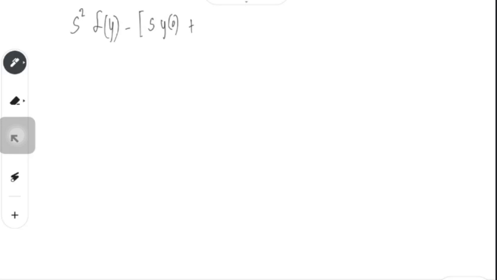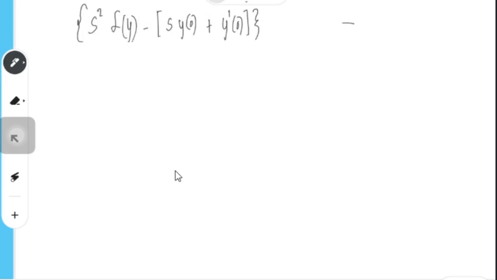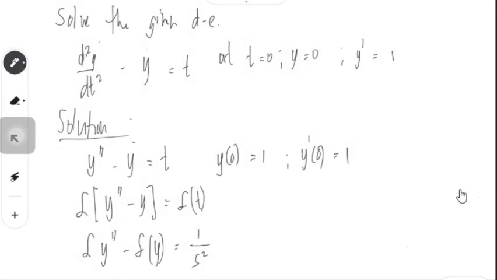While y function of 0, the order of derivative is increasing by 1. So, you have here first derivative of a function of 0. Okay? Ito yung Laplace transform ng second derivative. Okay?